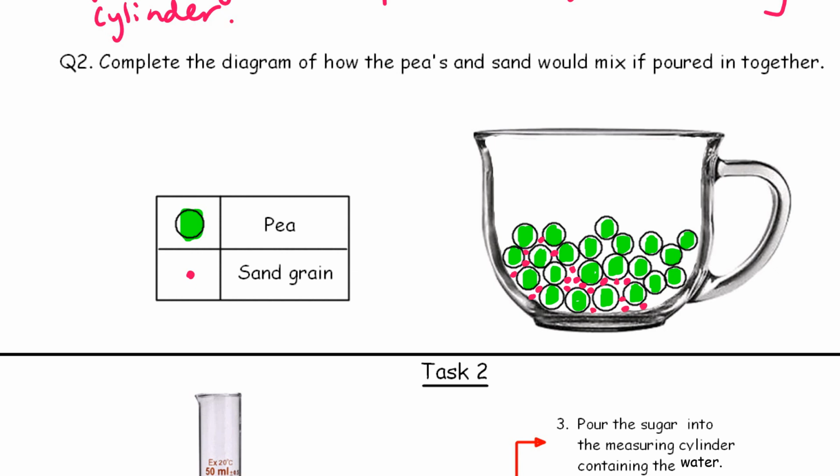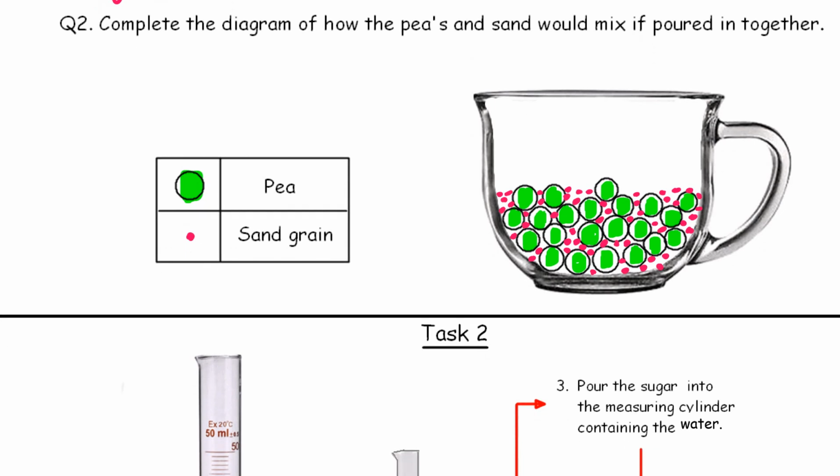So the volume after adding the sand grains is always going to be slightly less than your volume of peas plus the starting volume of the sand, because the sand particles are filling in the gaps between the pea particles. I hope that makes a little bit of sense.